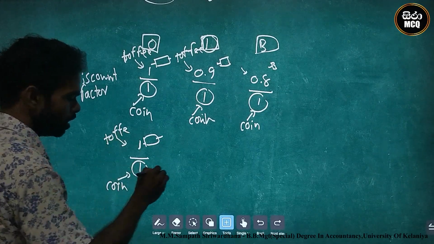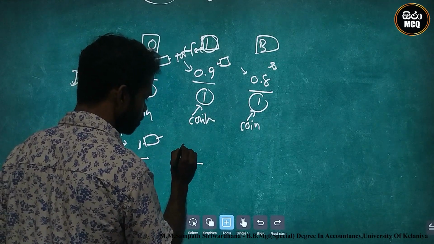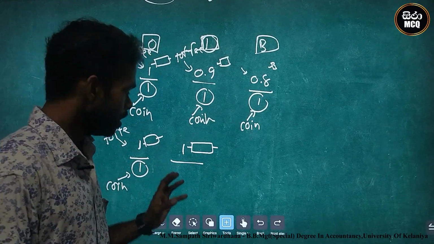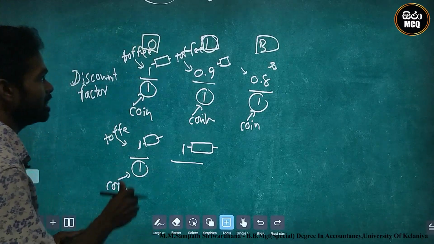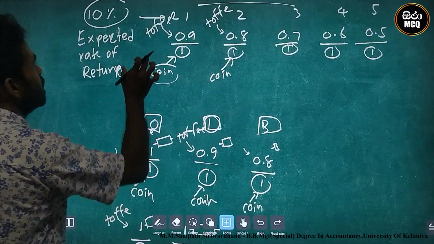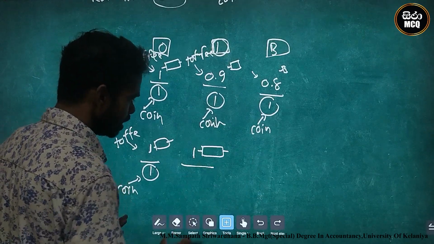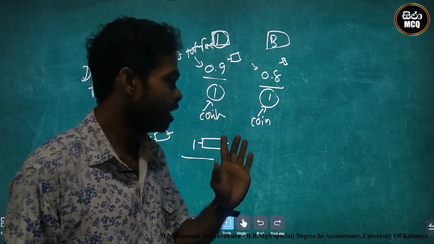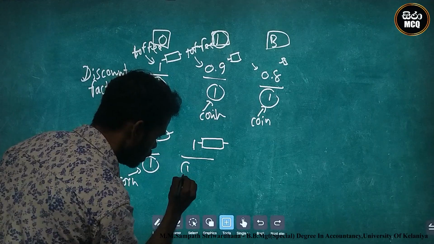I purchased a full toffee. Okay, after that I want to purchase one toffee, but the toffee price is increasing by 10%. 10% means expected rate of return. The seller wants to be paid the interest 10%. Therefore, after 1 year, he adds 10% interest to 1 rupee.